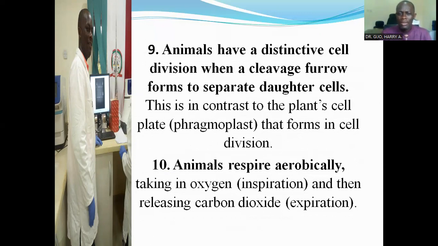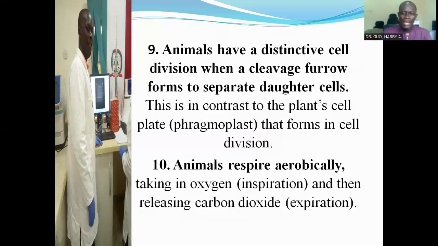This is in contrast to plant cells, where a cell plate, known as the phragmoplast, forms in cell division. In plant cells, a cell plate is formed, but in animal cells during cytokinesis, a cleavage furrow is formed.